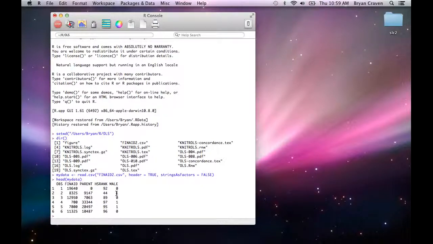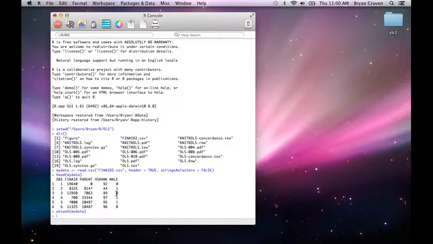The first thing we're going to do is attach our data so that we can easily manipulate it. So we're going to say attach(mydata). And what we're going to do is calculate manually estimated coefficients using the OLS estimator, and this is done in the first section of this chapter of the text.